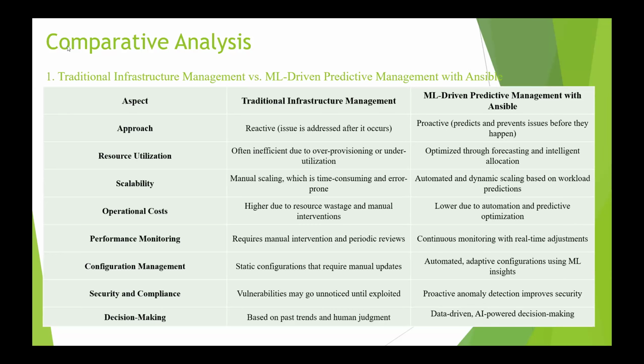Now here, resource utilization is often inefficient due to over-provisioning or underutilization. But in case of machine learning, resources are optimized through forecasting and intelligent allocation. So this is the comparative analysis.